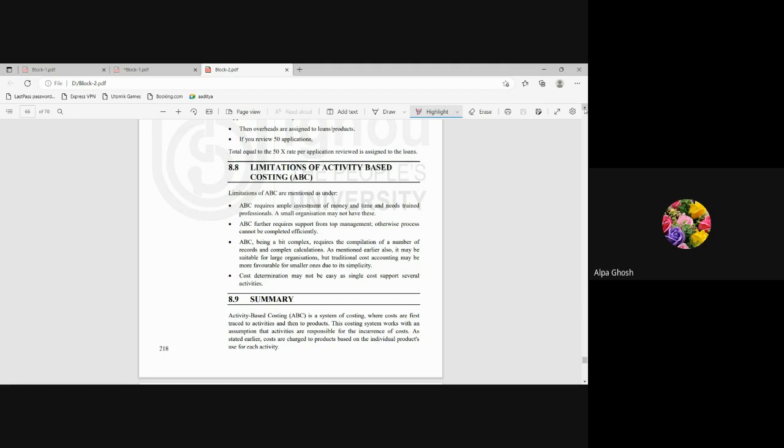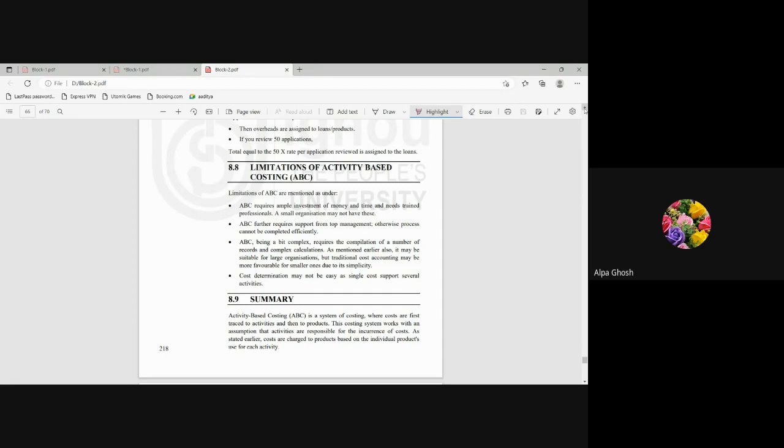So this requires trained professionals, and when huge investment, huge money, labor, material is involved, small organizations may not prefer having activity-based costing. Activity-based costing further requires support from top management, otherwise the process cannot be completed efficiently. The top management may not like to share all the details, so there may be an interruption.